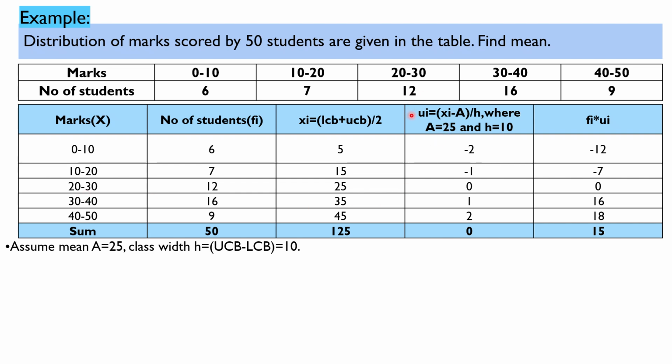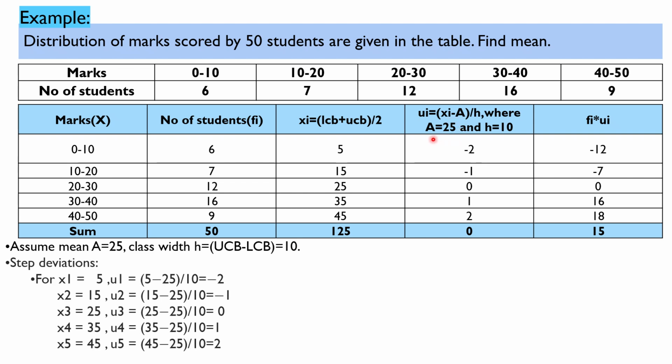So now we will calculate ui, which is equal to xi minus capital A whole divided by h. So for x1 5, u1 is coming 5 minus 25 whole divided by 10, which is equal to minus 2. For x2 15, u2 is equal to 15 minus 25 whole divided by 10, which is equal to minus 1, and so on.